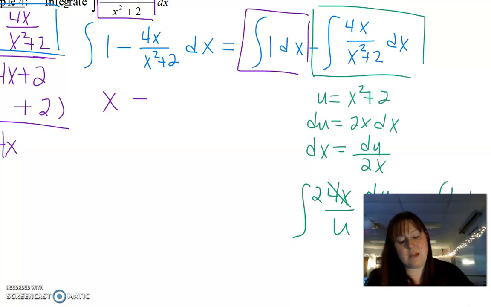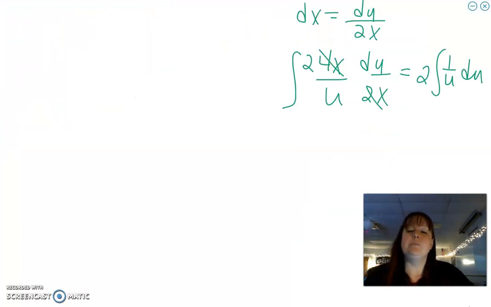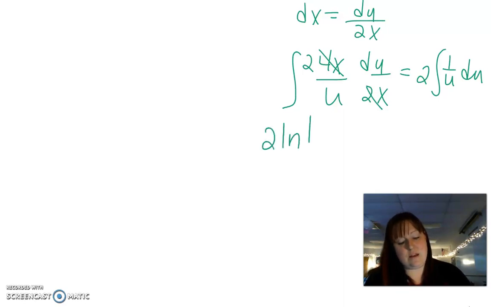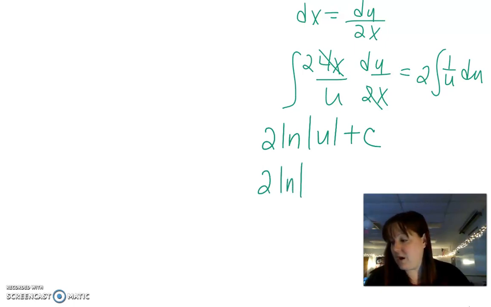Bring that up above my head so you can see it. Okay. And we know how to integrate that because the integral of 1 over u is ln of absolute value of u. So this is 2 ln absolute value of u plus c. Okay. Then we can turn it back in terms of x. So 2 ln absolute value of x squared plus 2 plus c.